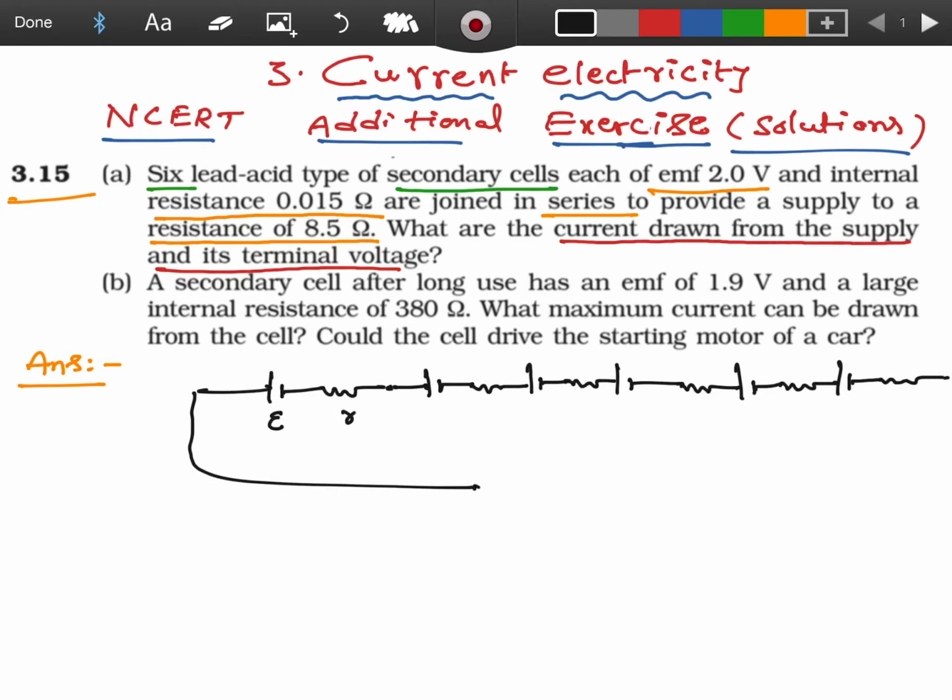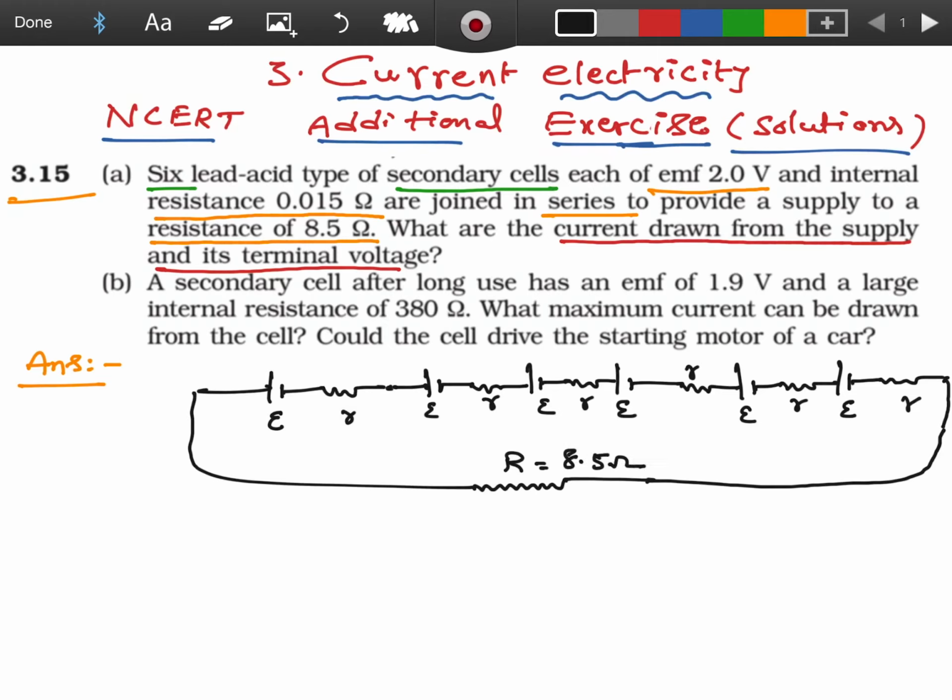These are all connected with a load resistance R. Total 6 secondary cells, and the load resistance or external supply resistance is 8.5 ohm.